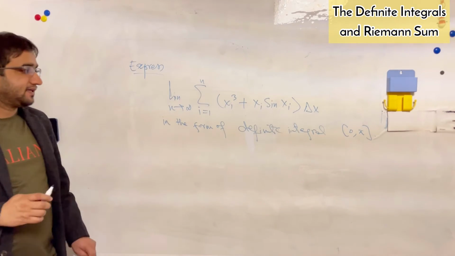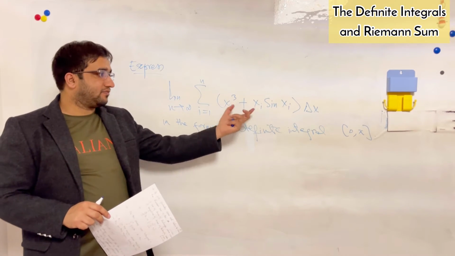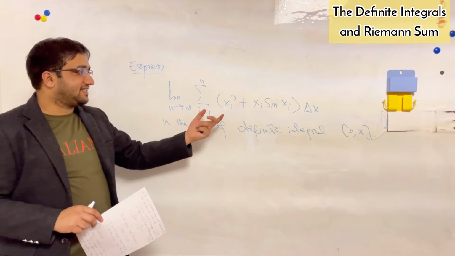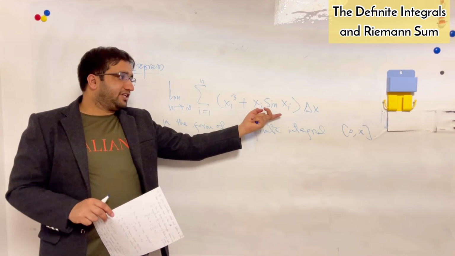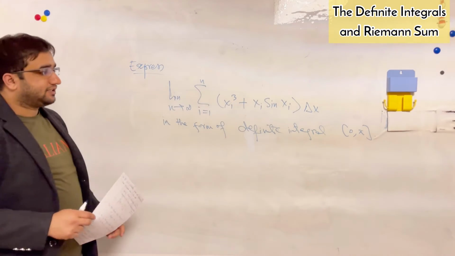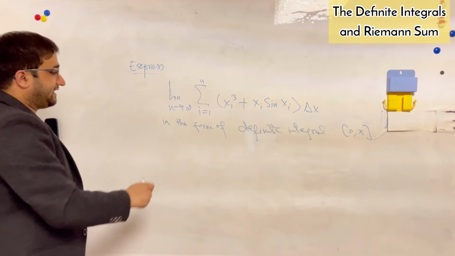So now actually he has already given you the Riemann sum expression, and he's just interested that you give the equivalent integral expression for it. So you just need to replace this with the integral.